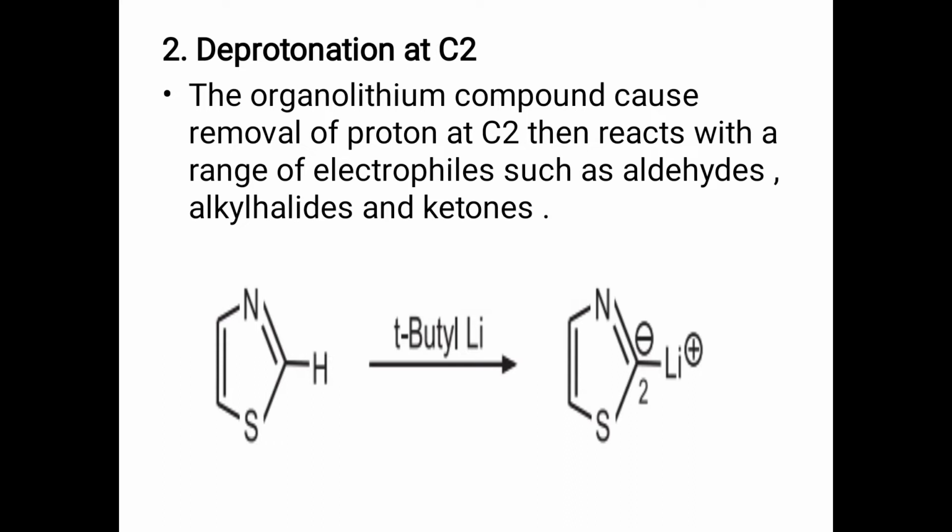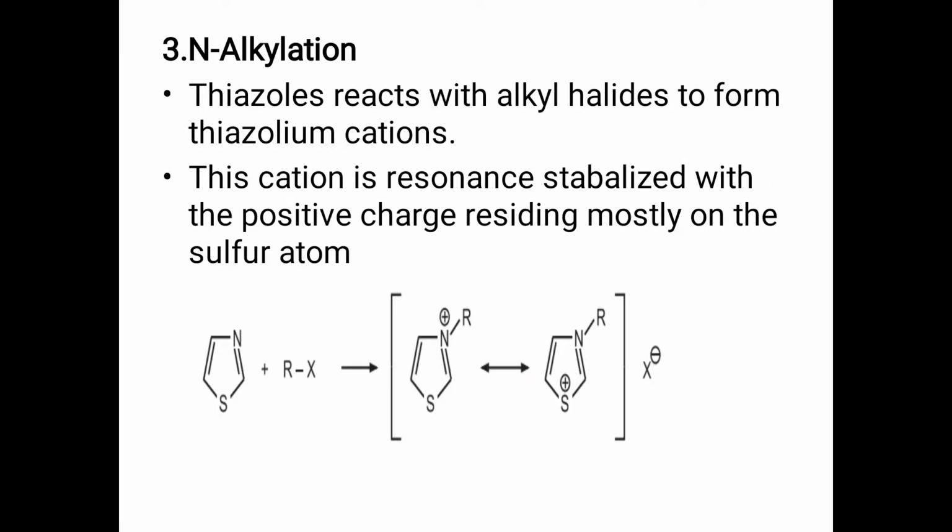The organolithium compound causes removal of the proton at C2, which then reacts with a range of electrophiles such as aldehyde, alkyl halide and ketone. So here's the reaction which represents the deprotonation at C2. Then is the N-alkylation. Thiazoles react with alkyl halides to form thiazolium salts. This cation is resonance stabilized with the positive charge residing mostly on the sulfur atom.